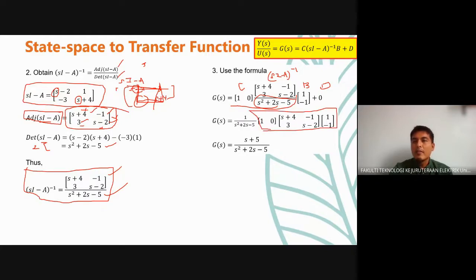Okay, finally, after you solve these 3 matrices, this is the transfer function: s plus 5 divided by s squared plus 2s minus 5.